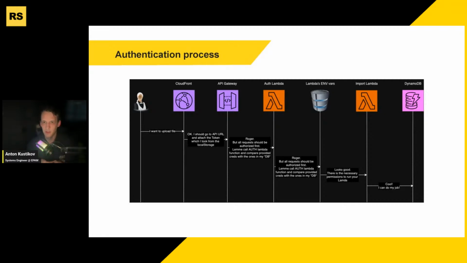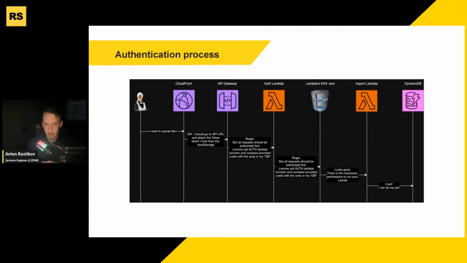It will try to compare the provided token with one which, in our case, may be hard-coded in the Lambda function. Or, if you have enough time, you can go ahead and use AWS Cognito, a service which gives us an option to manage our user base. In this case, the Lambda function will not just work with mock data hard-coded inside of it, but will go to AWS Cognito, take all of the existing users, and compare this token with the tokens of the existing users.